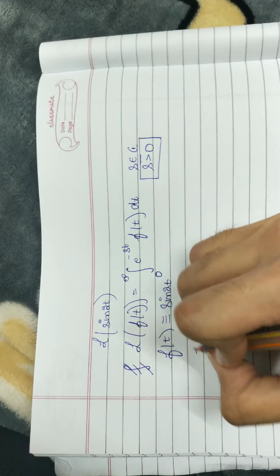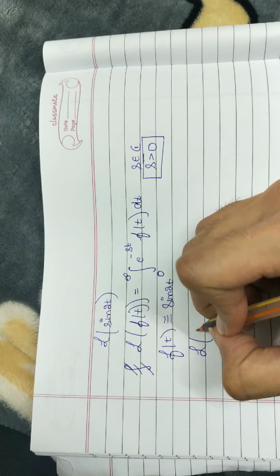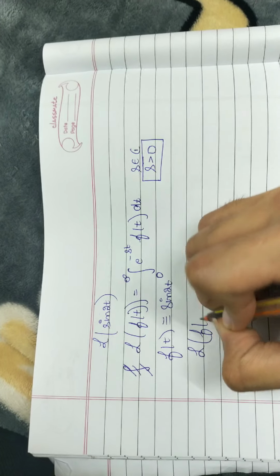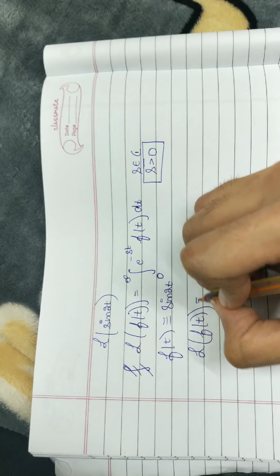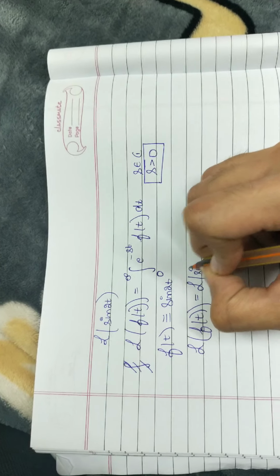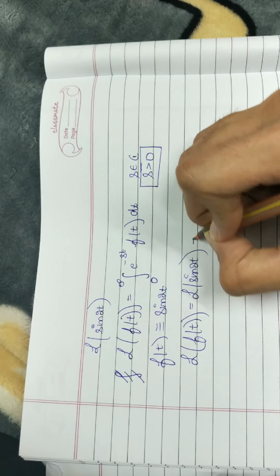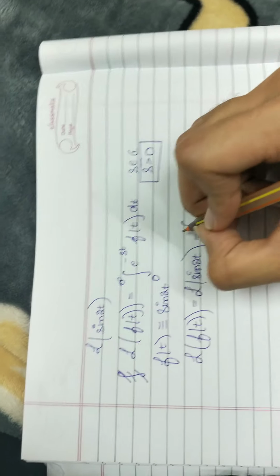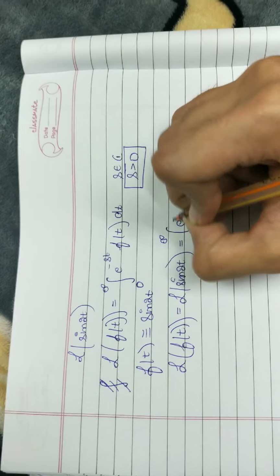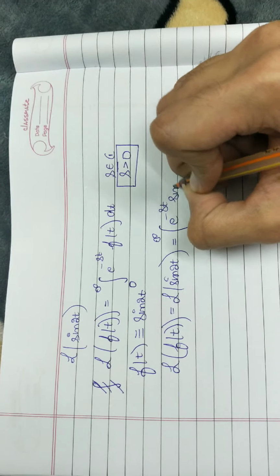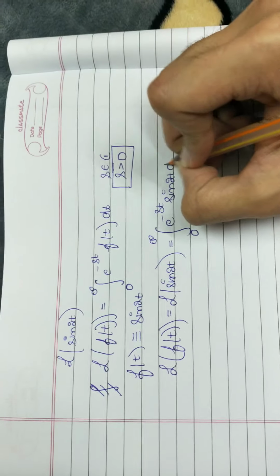Okay, so on substituting the limit, the Laplacian of the function f(t), that is for this question Laplacian of sin 2t, is equal to an integral with limits from 0 to infinity e raised to power minus st sin 2t dt.